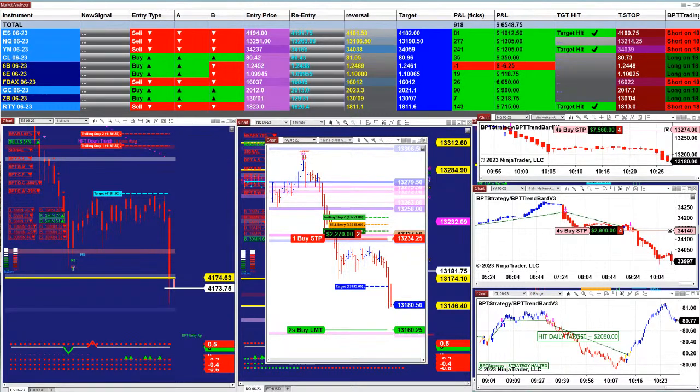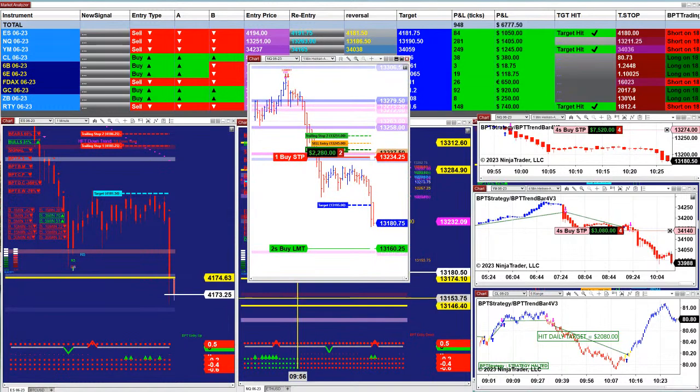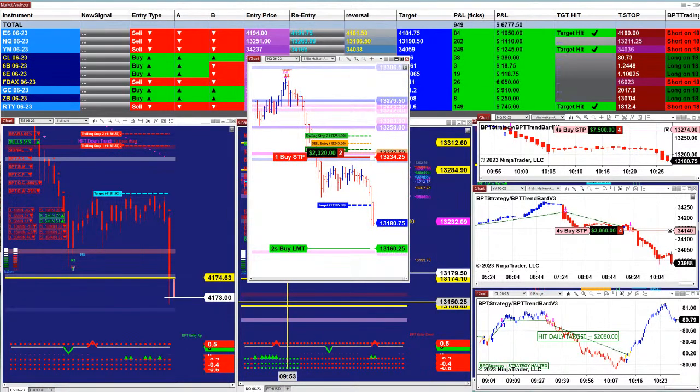Let's look at it. Let's see how far it can go, where we estimated, okay? We're looking at it, both of us. Where did we put the target on the Nasdaq? At 131.60? Okay, let's see.